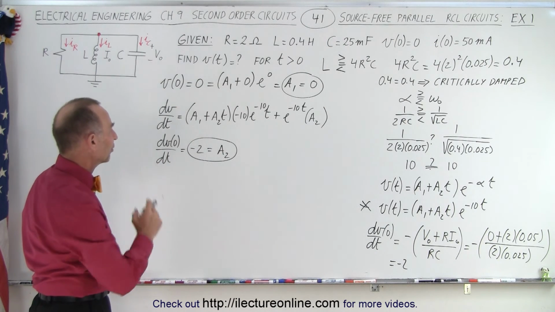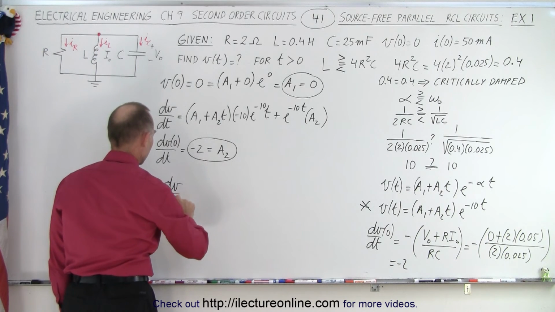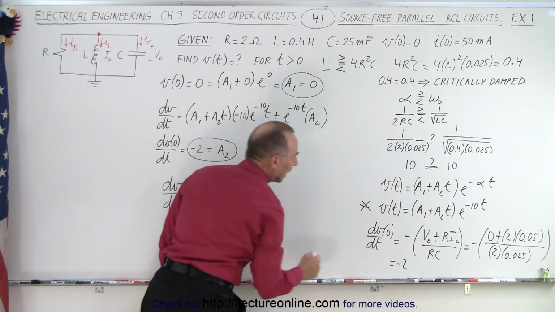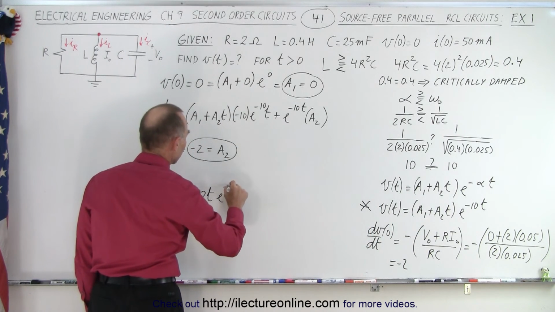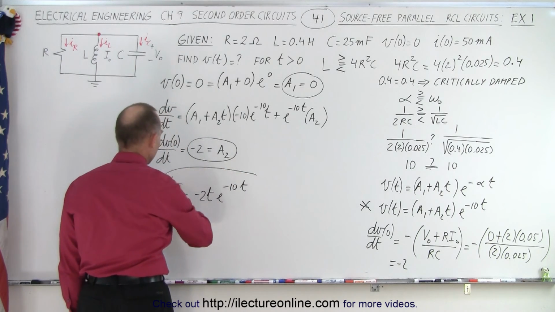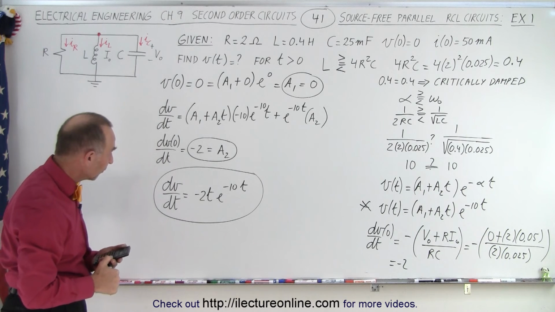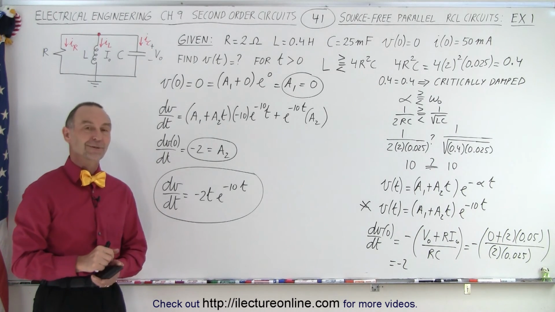We now have the values for A1 and A2, so going back to this equation, A1 is 0 and A2 is negative 2, so the voltage is negative 2t e to the negative 10t. That is the equation for the voltage for time greater than 0, and that is how it's done.